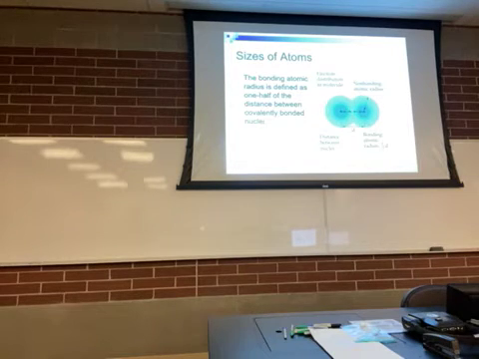Because again, if the electron cloud is just kind of out there buzzing around, how far out of the cotton ball do you go to still call it part of the atom? So the way it's actually done is taking the distance between 2 nuclei and cutting that in half as the radius, if you will. Okay, and so you can see that that's basically done here with H2, with hydrogen. So we take half of the diameter for the radius.